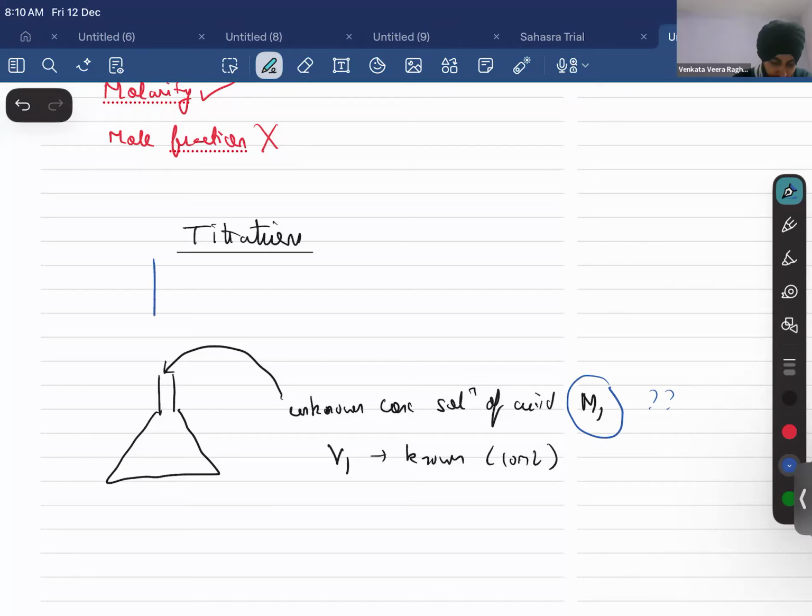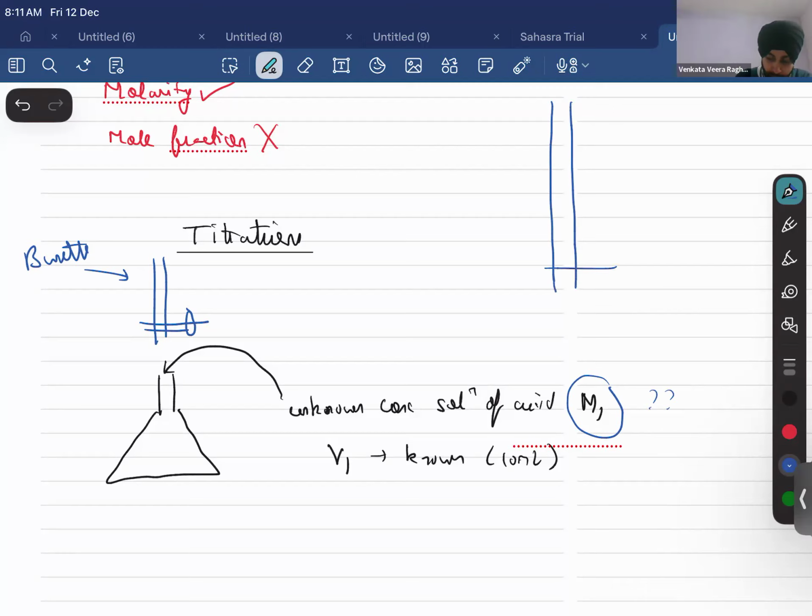So I will be keeping here a burette. This is called a burette, in which there are marks of the volume in centimeter cubes. Like 1 centimeter cube, 2 centimeter cube, 3 centimeter cube, 4 centimeter cube, 5 centimeter cube, like this. There are marks.